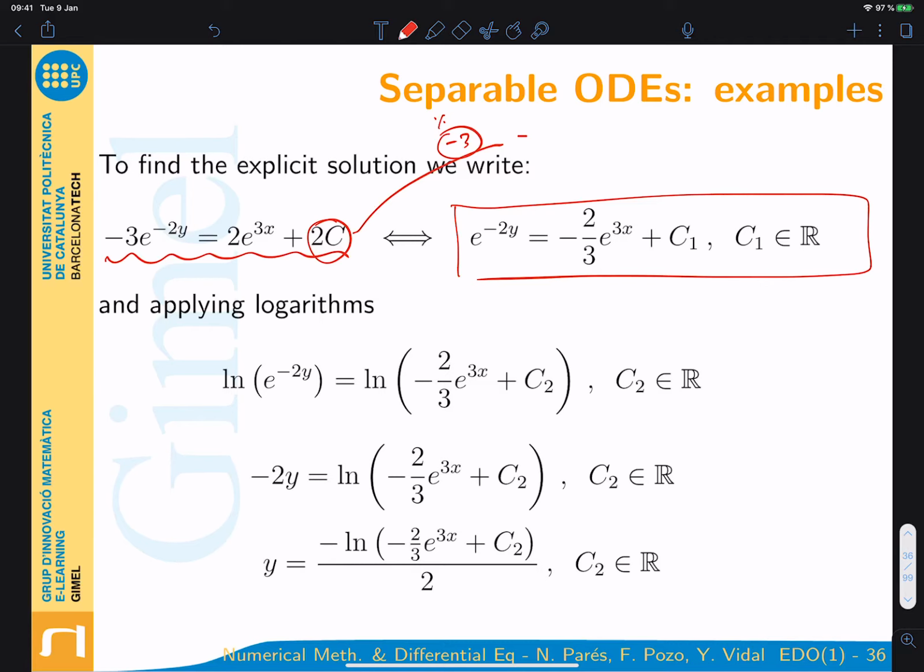So if we divide by minus 3, we get e to the minus 2y equals minus 2 divided by 3 e to the 3x, no, sorry, plus 2 divided by 3 c. Oh yeah, that's a minus because we are dividing by minus 3, okay?